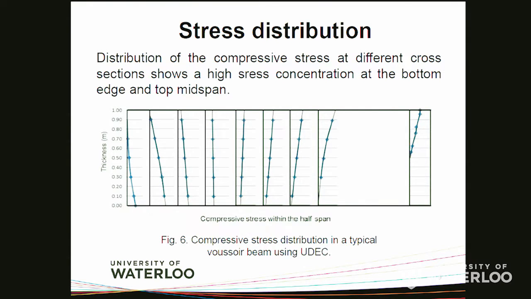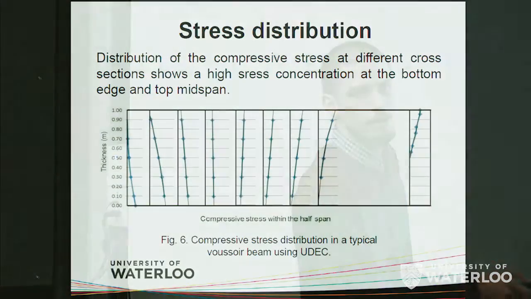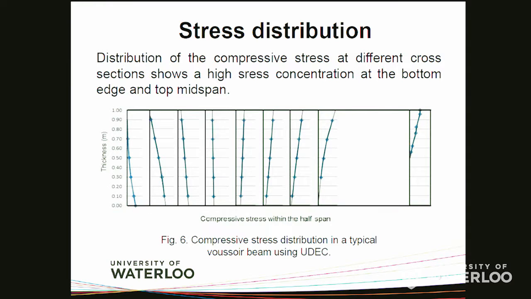It goes up, and at some point you see over here it looks like a rectangle, and the compressive stress is fairly equal at the bottom and top of the beam, and it goes to here, which is concentrated at the top, and then the tensile stress at the bottom. That's why I said that the compression failure happens at this part and at the top midspan over here.